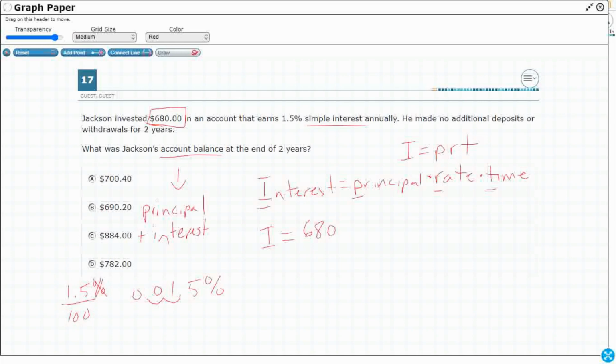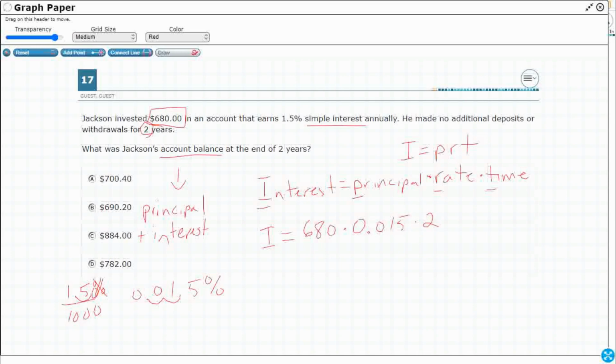So that's 1.5 out of 100. So we are going to get 0.015, that's 15 thousandths. And then the time, pretty simple, 2 years.